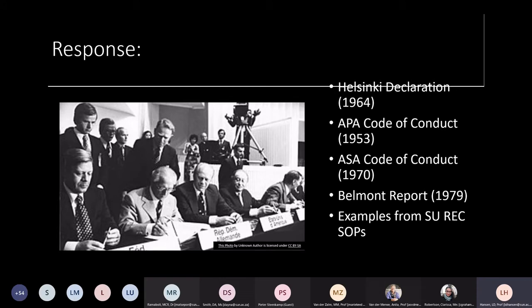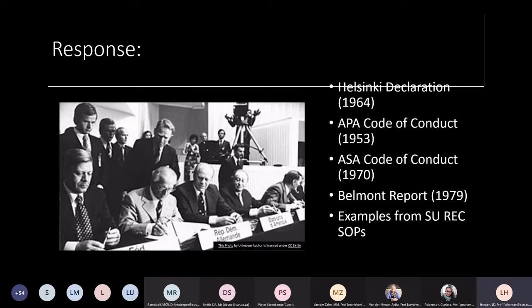Then beneficence emphasized the risk-benefit ratio with implications for minimizing risk as far as possible, and the requirement that research personnel be qualified to do the research that they undertake. And then finally, justice emphasized the requirement to treat people fairly, and this then had, as Anita also referred to, implications for participant selection and for the benefits arising from participation.